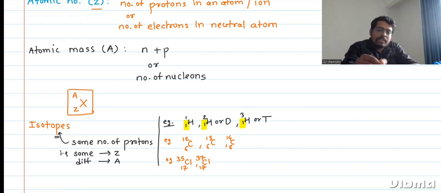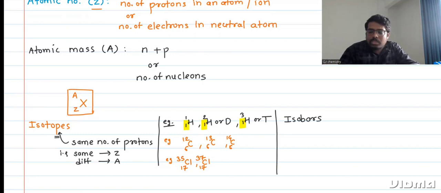Now the next terminology is isobars. In isobars, n plus p is equal to A, and this value is the same for isobars, but the value of Z is different.